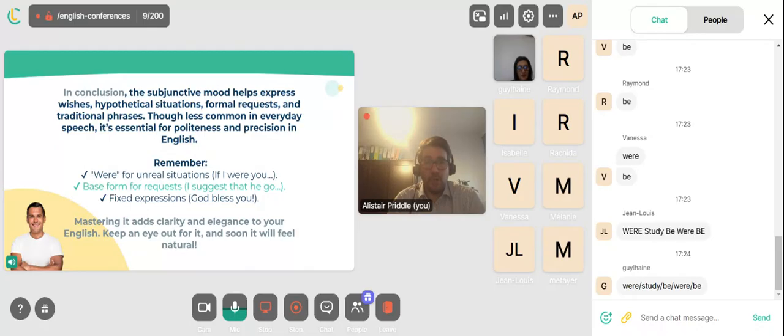Okay, if I were you. Base form for requests. I suggest that he go. Fixed expressions. God bless you. So mastering the subjunctive adds clarity and elegance to your English. So keep an eye out for it, and soon it will feel natural.